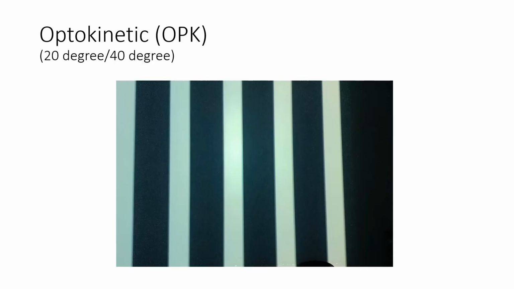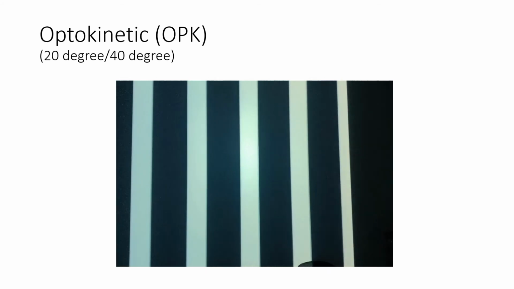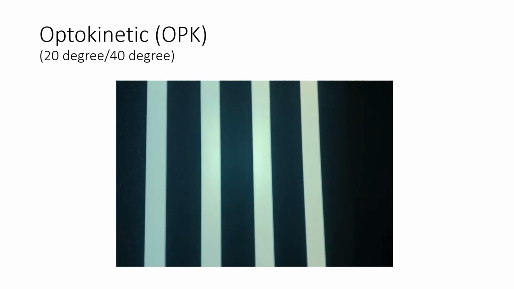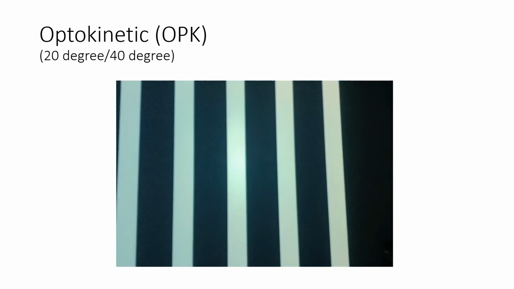We will present the visual stimulus in a dark room projected on the wall. As shown here, there are black and white stripes moving to the right and to the left to create a moving visual field. We can also choose other patterns of stimulus available in the software, depending on the patient's comfort.